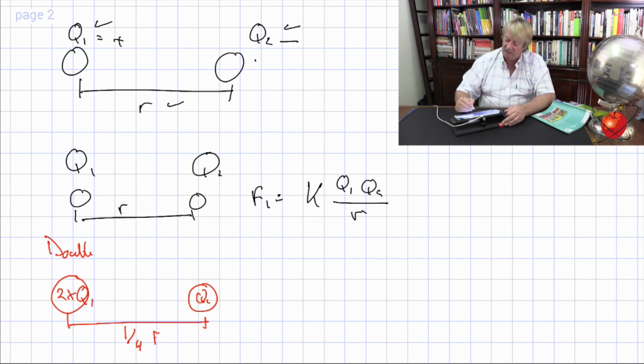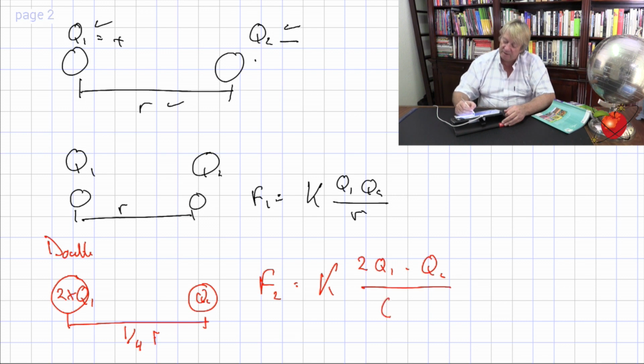We now look at this one and we say, the red scenario, let's say it's F2, is equal to K, Q1 is 2 times my original Q1, times Q2, which didn't change, over the radius squared there, over 1/4 R squared.